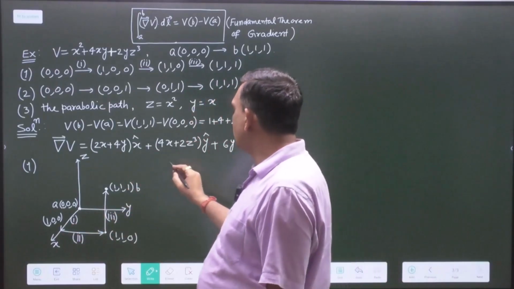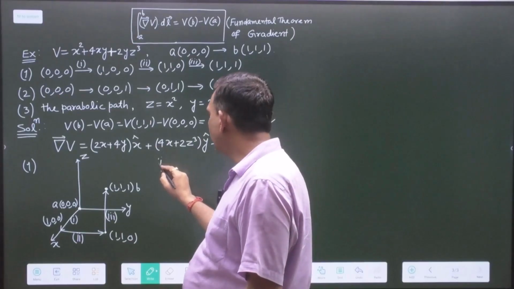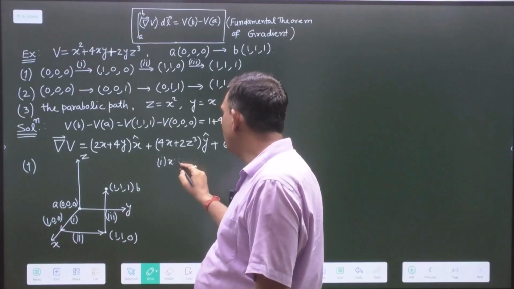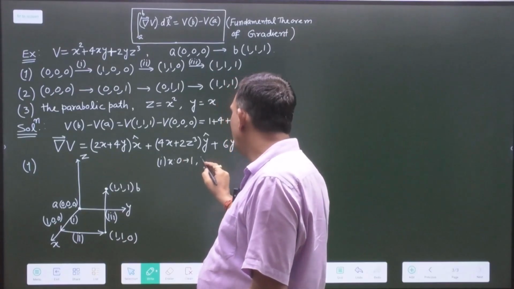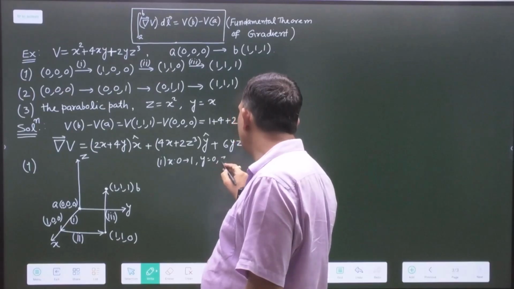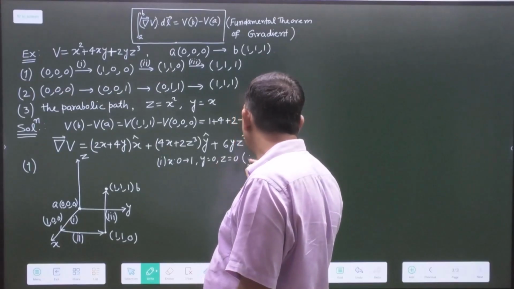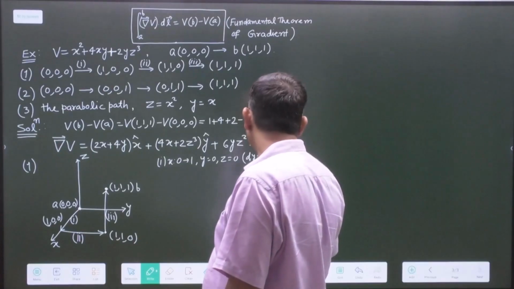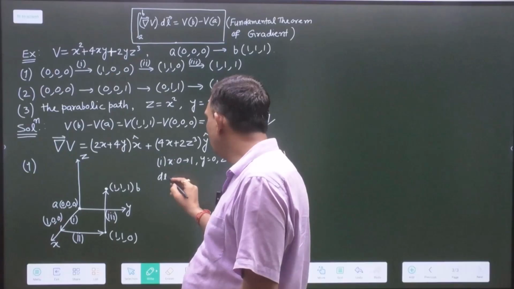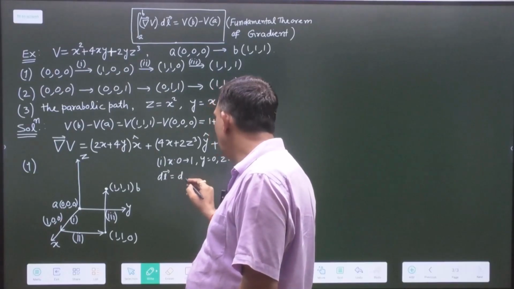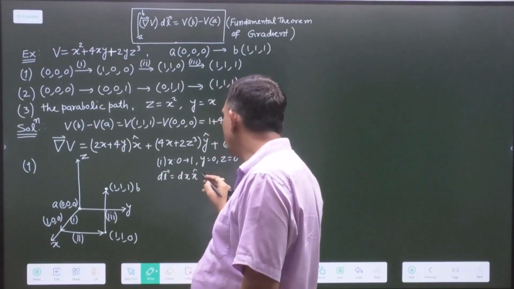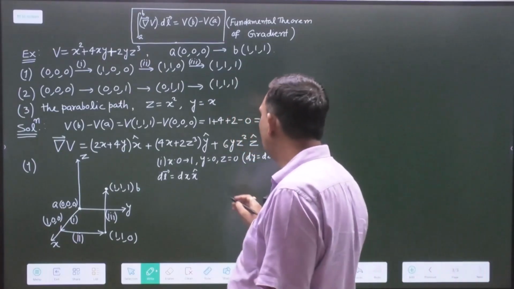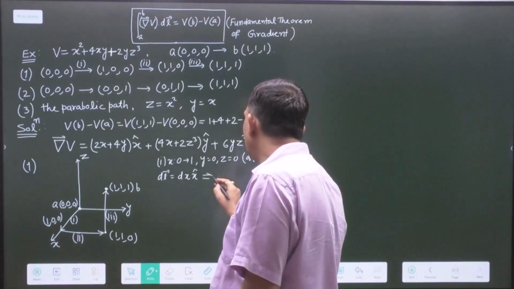So let's see segment 1. x is variable here, 0 to 1, but y is 0 and z is 0. So this implies dy and dz are 0, and dl is dx x cap. So what will be gradient V dot dl?